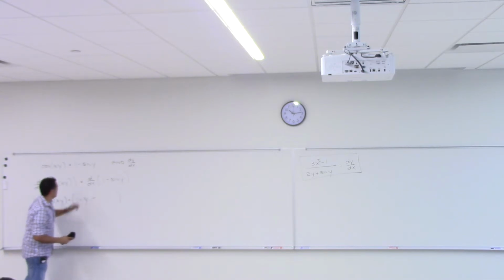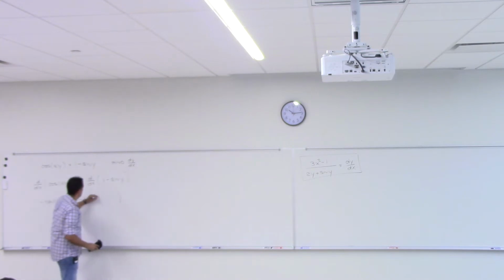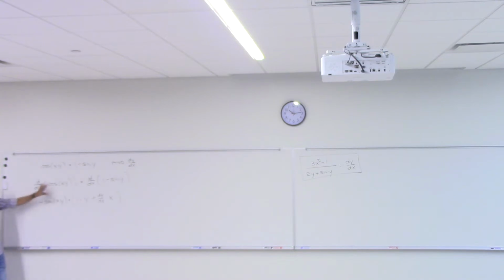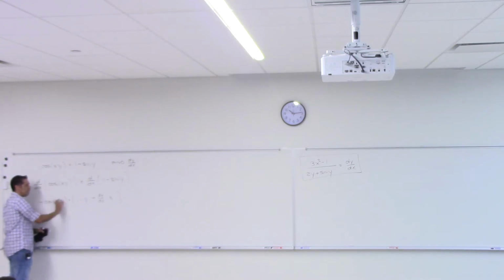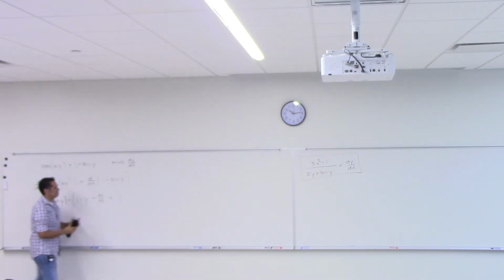Plus, now the derivative of the second one, dy/dx times x. Good. Okay, are we done over here? No. On the left side? Yes. Because we did the derivative of cosine, and then we took the derivative of what's inside, we're done.